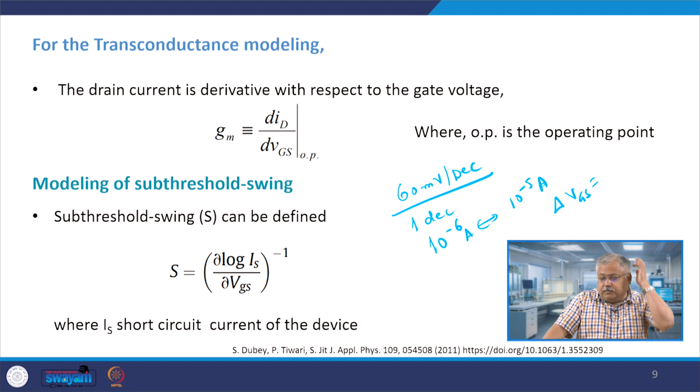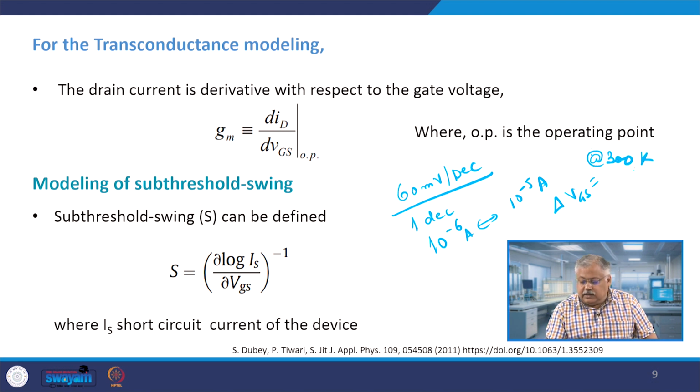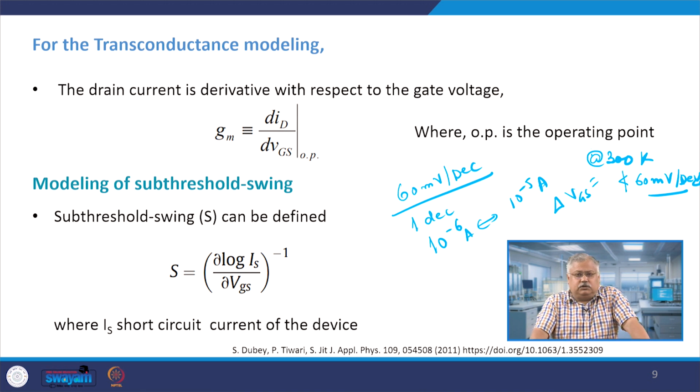In this case, for a 1 decade change in the current, I want a 60 millivolt change in my gate voltage. At 300 Kelvin, the ideal value is 60 millivolts per decade; one cannot go below that, right. That is a standard. There is a reason for that. We have already discussed this point possibly earlier, but if not, you can have a look into standard books available.